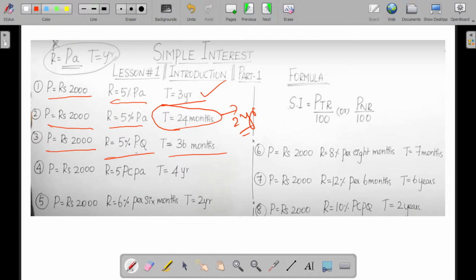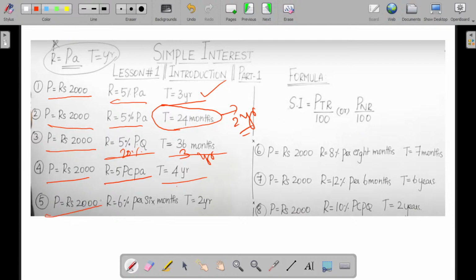Per quarter means 5 into 4, that is 20 percent, and the time is 3 years. Then with principal 2,000 and 5 percent per annum for 4 years, there is no change required.